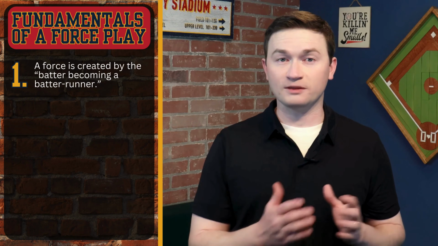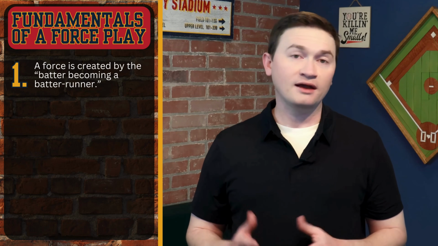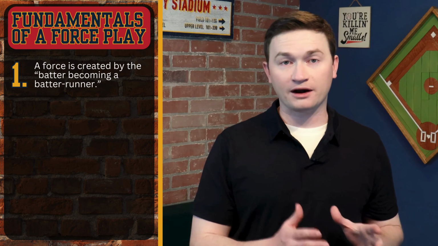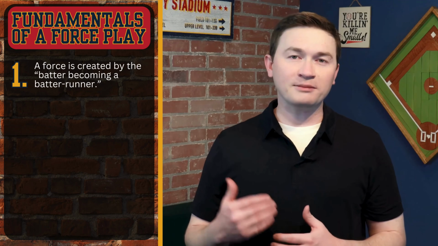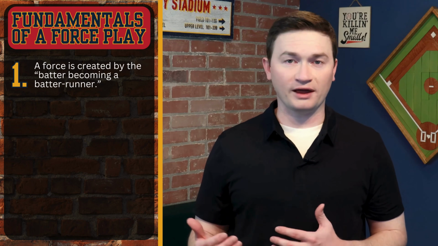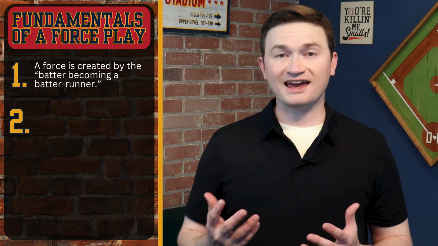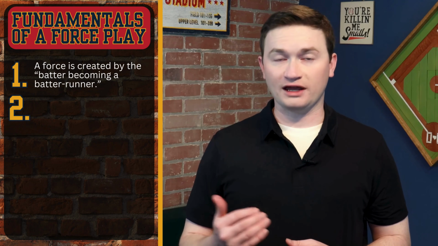There are 4 principles we need to take away from this definition. First is the fundamental of what creates a force play, which is the batter becoming a batter runner. That terminology of batter becoming a batter runner will become a key phrase for you when thinking through plays and what runs score. Second is when a force play ends for each runner.